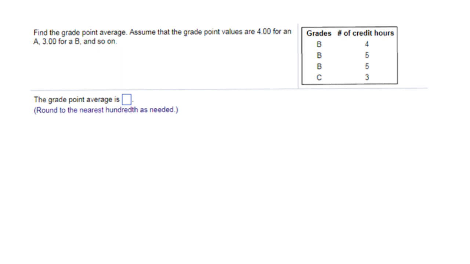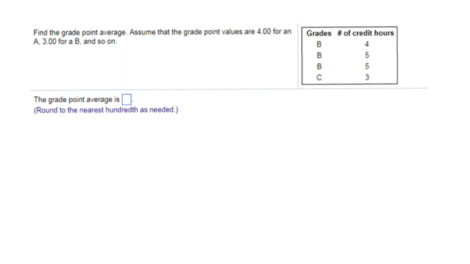So the grade point average, also what we call the GPA, is going to be found by taking the sum of the earned point values, which is 48, divided by the number of credit hours that you took for the semester, 17. And it does say round to the nearest hundredth on here.